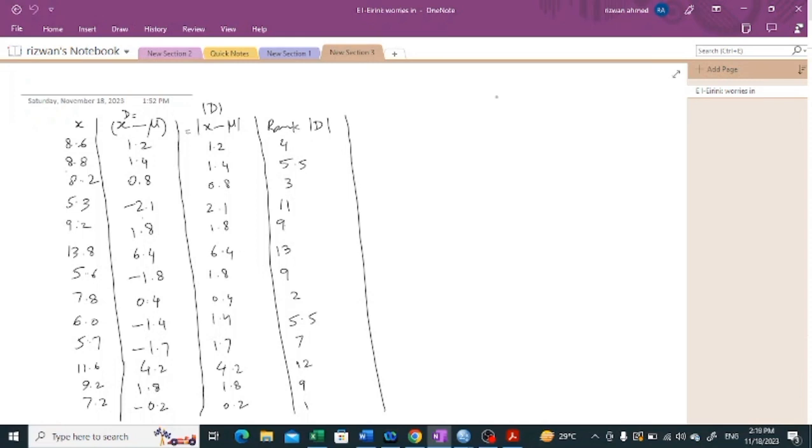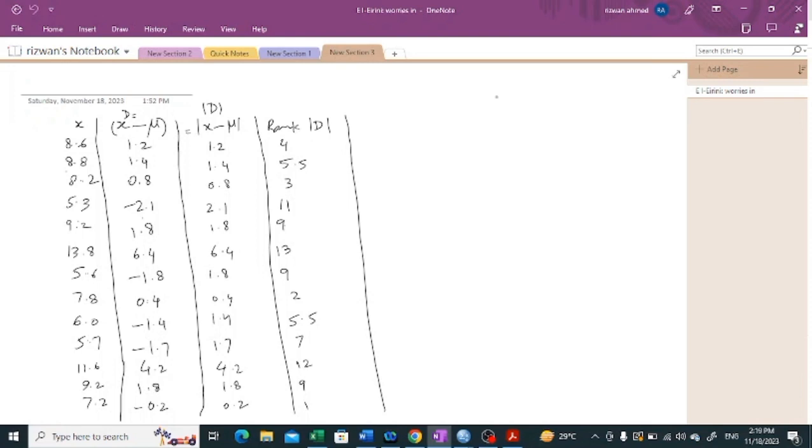What we do, we take the difference, we introduce a new variable d. That is simply the difference between the x value take away the mean value, or the difference between x and mu values. Mu value is 7.4. When we take the difference, these are the answers you must be getting. So I have listed all the answers for the difference.